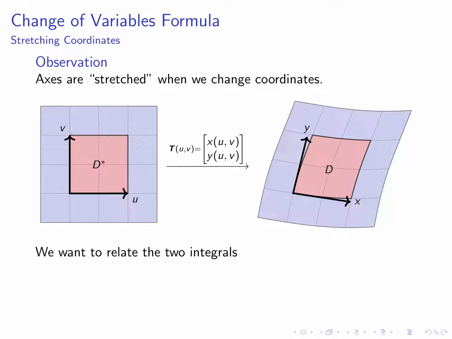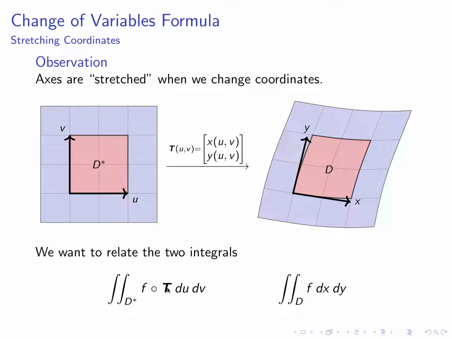So the issue that we're encountering here is that we want to relate two integrals. The integral we care about is the double integral over the region D in xy space, where the density function is f. Well, the problem that we're encountering is that the region we're studying might be difficult to set up this integral over. So we change our variables, and then we look at this new integral where we take our density function and compose it with the change of variables.